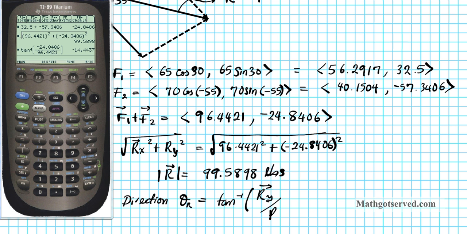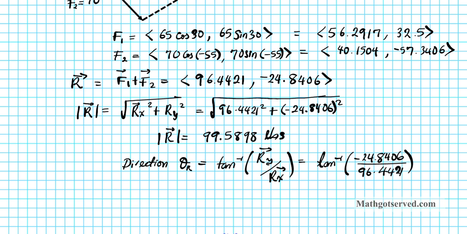This kind of looks like a 4. Let's fix that. 4421. All right, so if we compute the quotient in our calculators, we have negative 14.4437 degrees. All right, so theta equals negative 14.4437 degrees. All right, so let's write down the meaning of our answer.